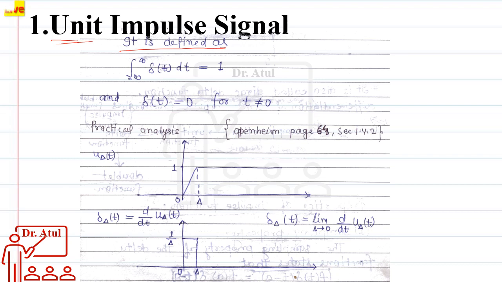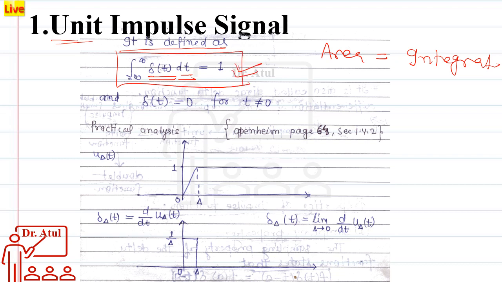I say that the signal which has area equal to 1 is called an impulse signal. Area is calculated by integration under the curve. So for the signal delta(t), the area is 1. Therefore the integral of delta(t) dt is equal to 1.